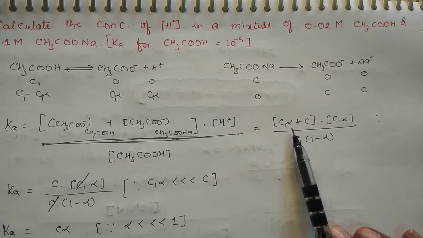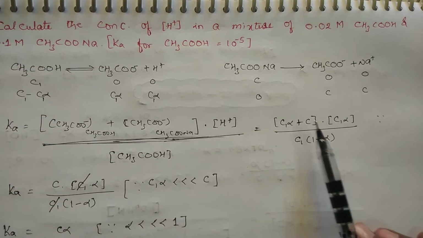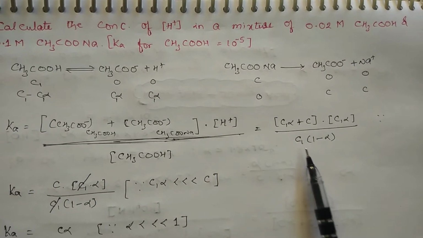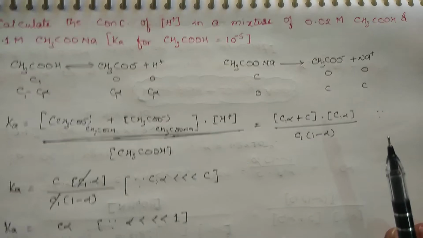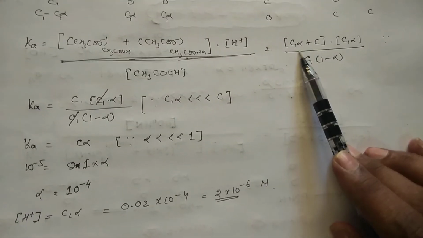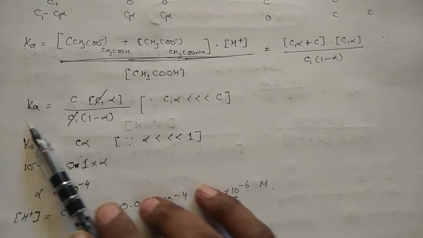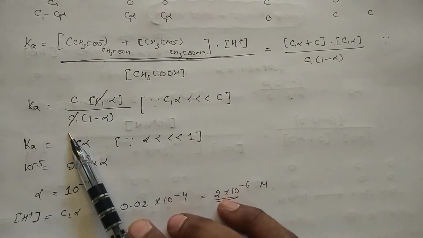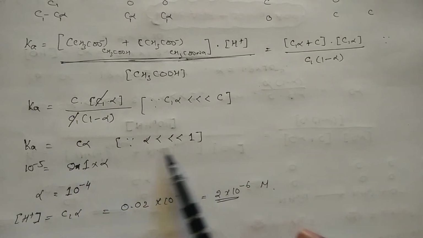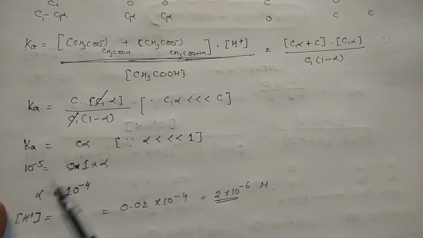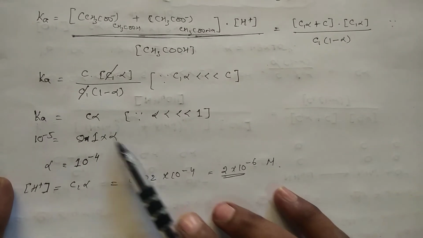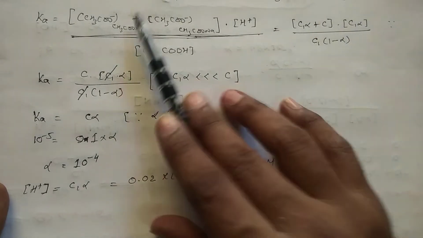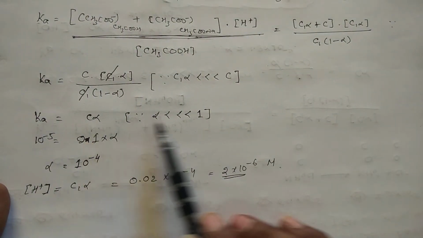You know that C1 alpha of CH3COOH, C of sodium acetate, into C1 alpha H plus ions, over C1 into 1 minus alpha. The same thing: C1 alpha is very, very less than C. So Ka will be equal to C into C1 alpha over C1 into 1 minus alpha. C1 and C1 will be cancelled, leaving C alpha, and you know that alpha is very much less than 1. Ka will be equal to C alpha, and C is 0.1. You should take this one, not C1, because this is C alpha, not C1 alpha.